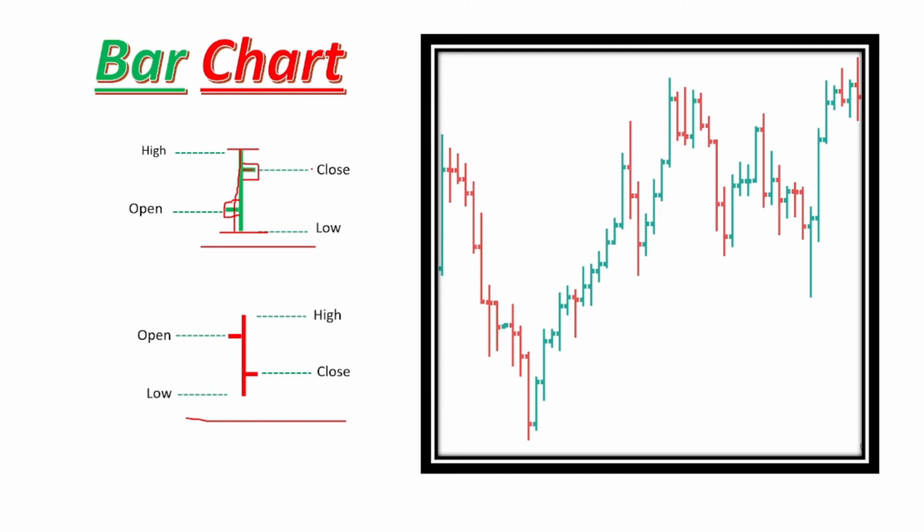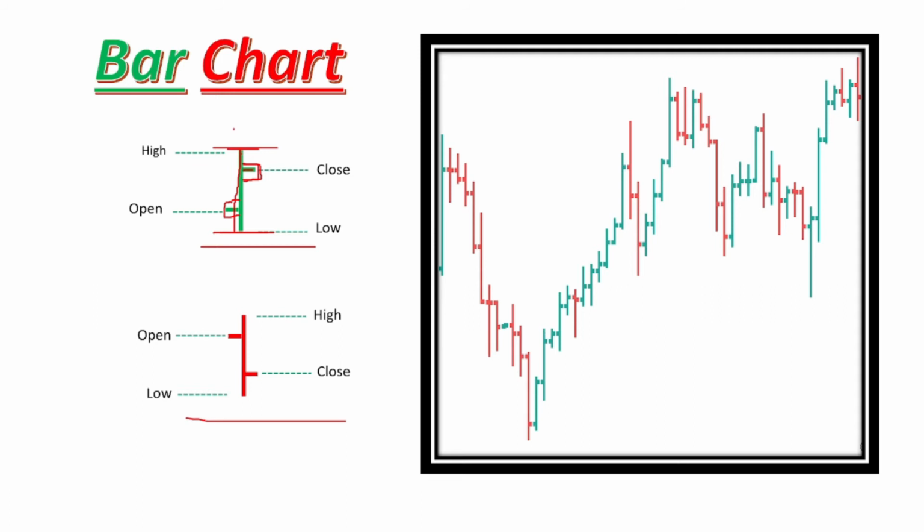If I'm analyzing the chart on a 1 day time frame, when the market opens, the security has opened at this price point, and during the trading session this is the low price point the security has traded, and this is the high price point that it has moved to, and finally the security has closed at this price point.